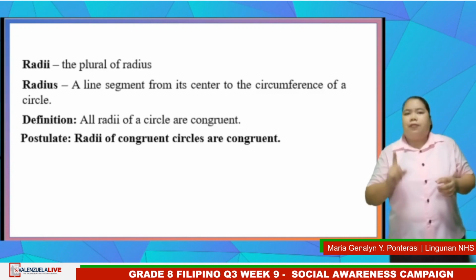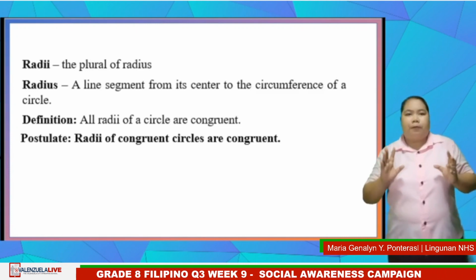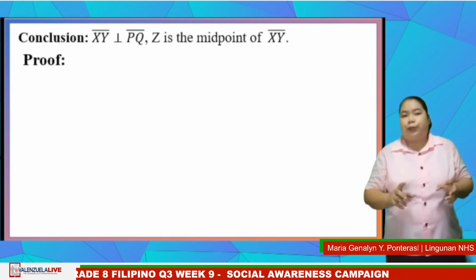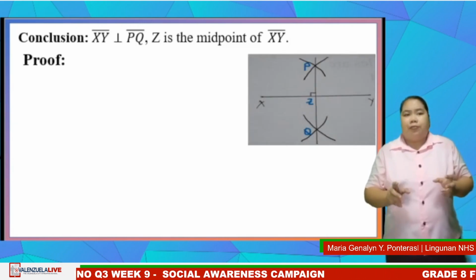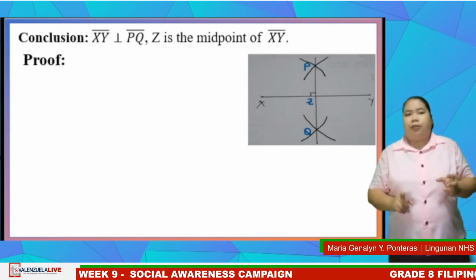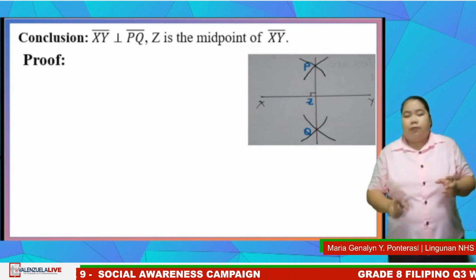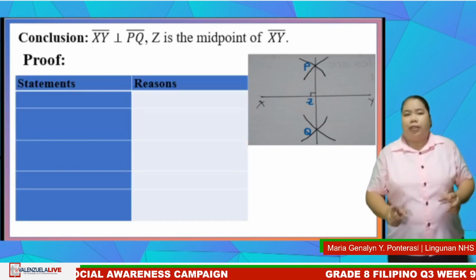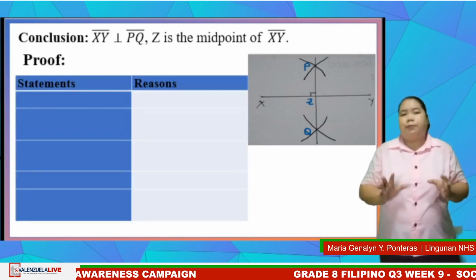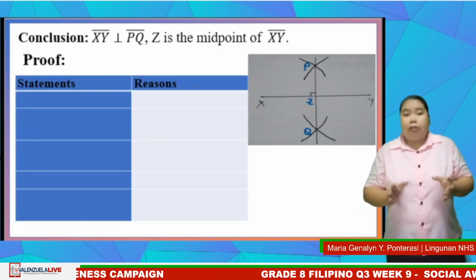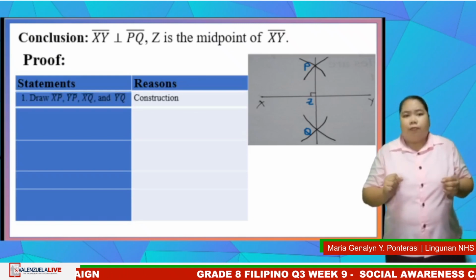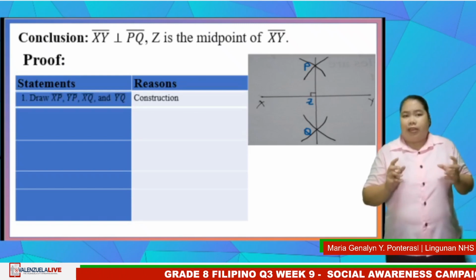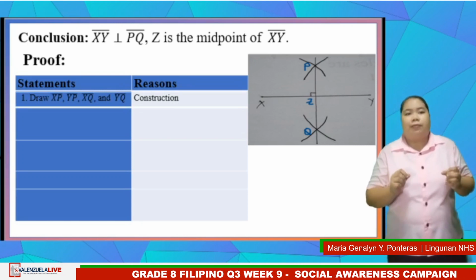Okay. Now, from our construction, we have a conclusion. Segment XY is perpendicular to PQ and Z is the midpoint of XY. So in our proof, we have the first statement: draw segment XP, segment YP, segment XQ, and segment YQ.